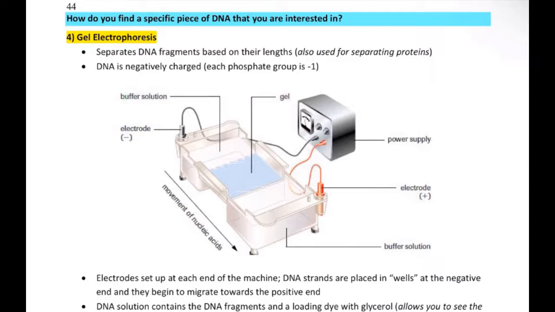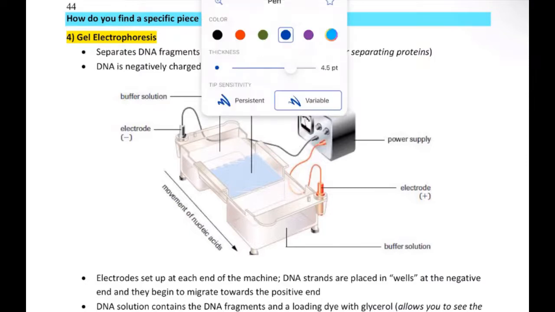This agarose gel with all of its mesh and all the ropes in the way, if you are a short fragment of DNA, you will be able to maneuver much quicker and much farther through the gel, through the obstacle course, than a long piece of DNA. So this little machine will allow us to separate fragments of DNA based on their lengths.